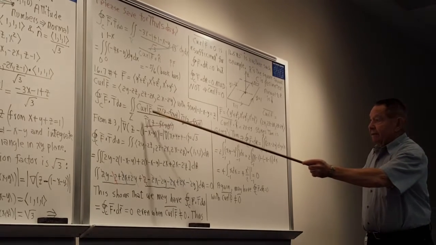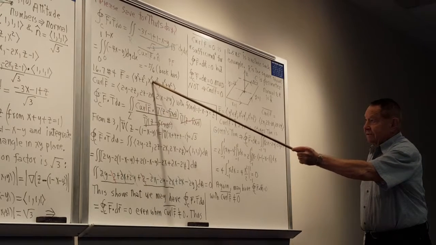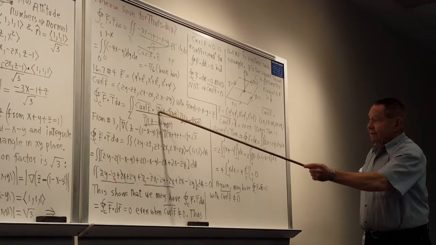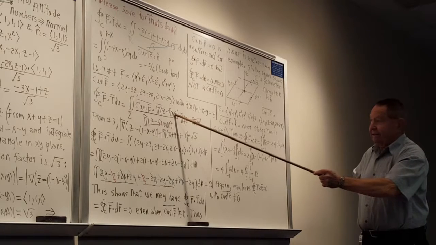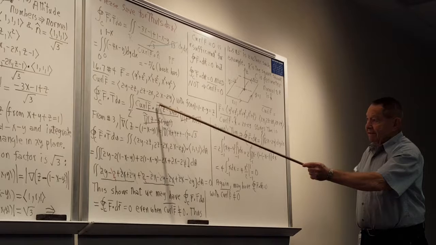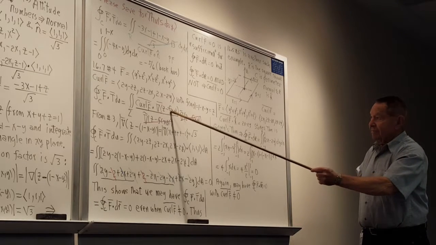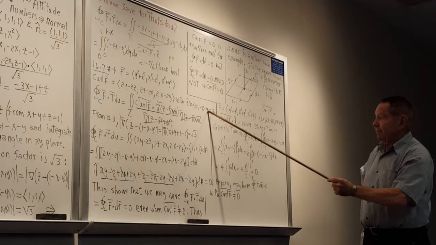So then if you do the curl, you get a normal, not a unit normal, but a normal. So that is the gradient of z minus f of x, y.